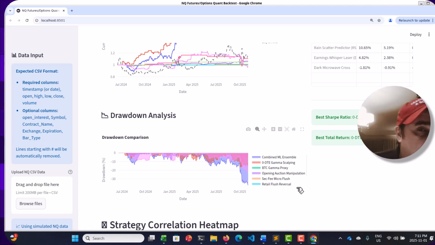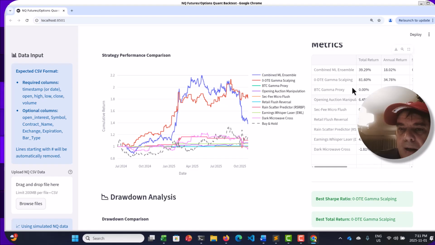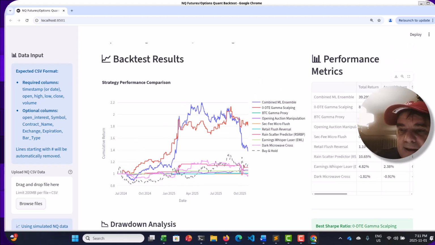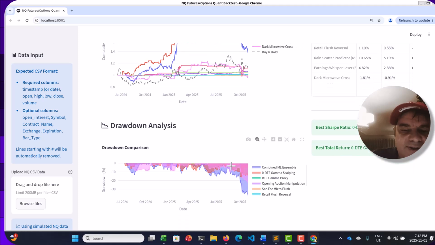I personally wouldn't go with a strategy like that where you're writing options. It's just too high risk to me. But here you can analyze it and see that maybe that might be the best one. I don't know, but it's a pretty good return. 81%. That kind of makes sense to me. But here's this combined ML ensemble, and then the only other one, the rain scatter predictor. Let's see what those are.